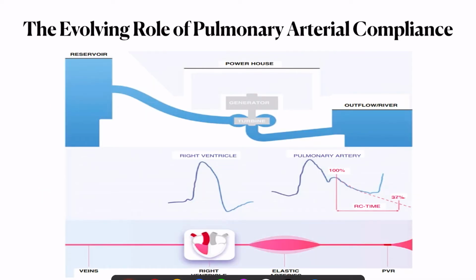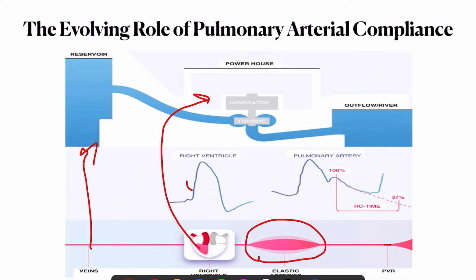Now there is also a role of the pulmonary arterial compliance. So there is a vein which is the reservoir. There is a power generated by the contraction of the left ventricle. Then we have the compliance of the arteries, which finally runs off into the left atrium. So this is the contraction of the left ventricle, while in the pulmonary artery, there is a runoff.